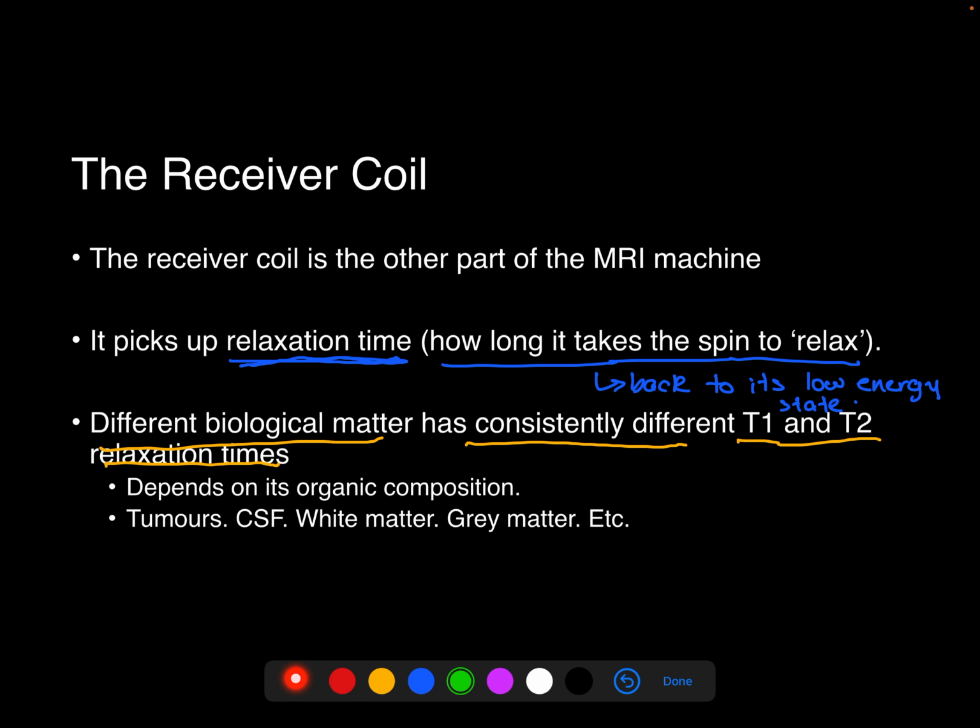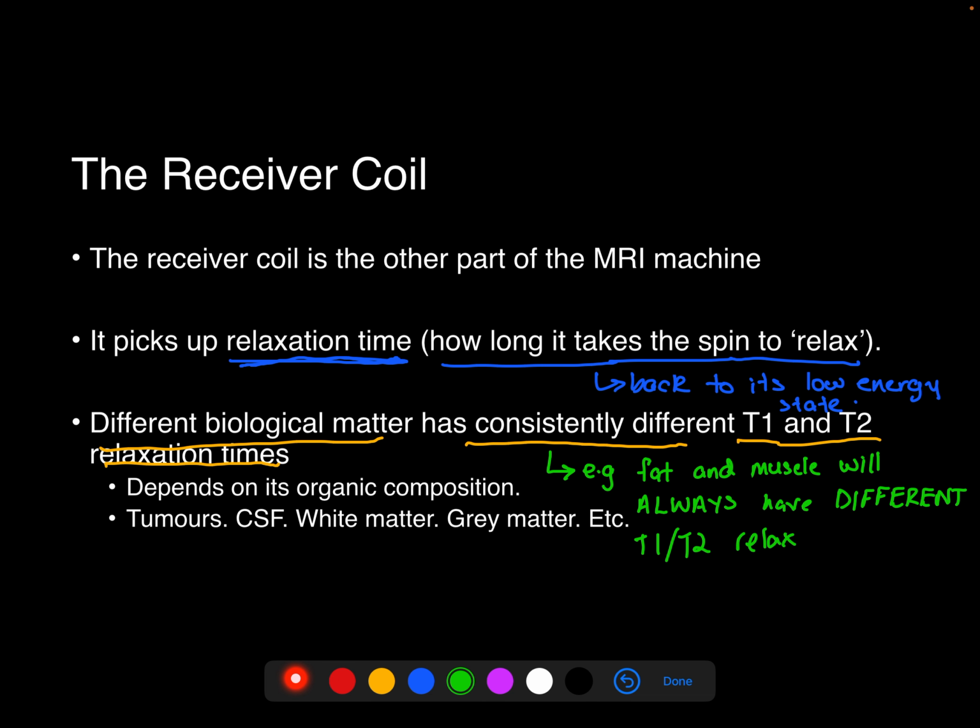Consistently different might sound originally like an oxymoron, but what this actually means is that, for example, let's name two organic compounds like fat and muscle, they will always have different T1/T2 relaxation times.